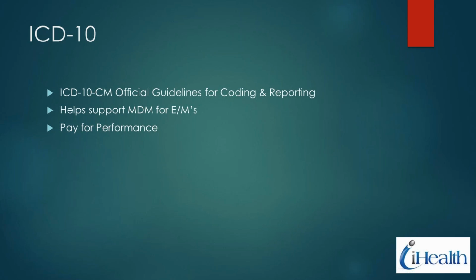But you want to use the codes that pertain to that visit, and they should help illustrate to the carrier the patient's status, and that helps support your medical decision making and the medical necessity for the level of service, whether it's a level 3, 4, 5, etc.